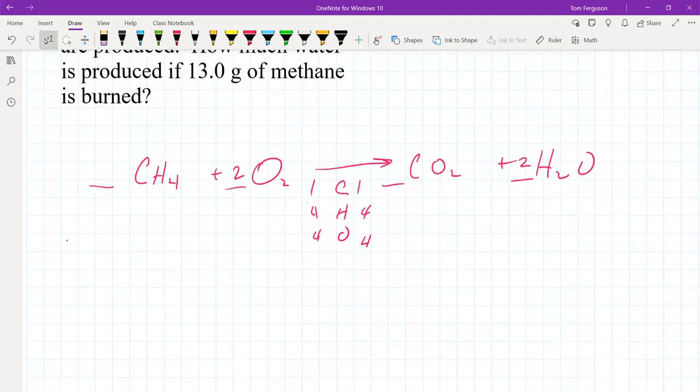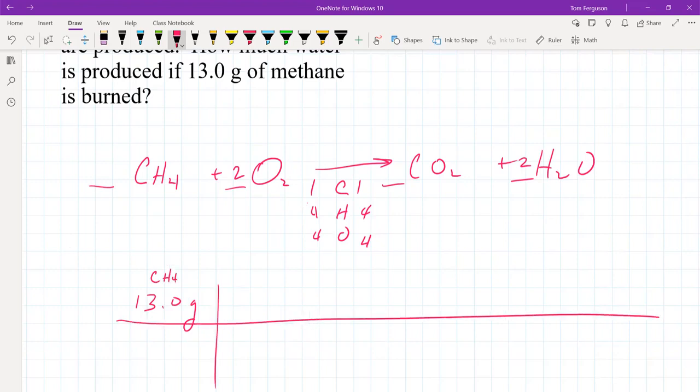All right. So whatever's given is going to go on the left. 13 grams. And we're trying to calculate grams of water.